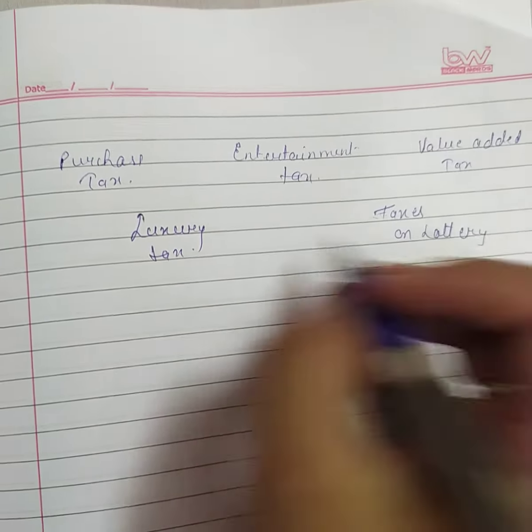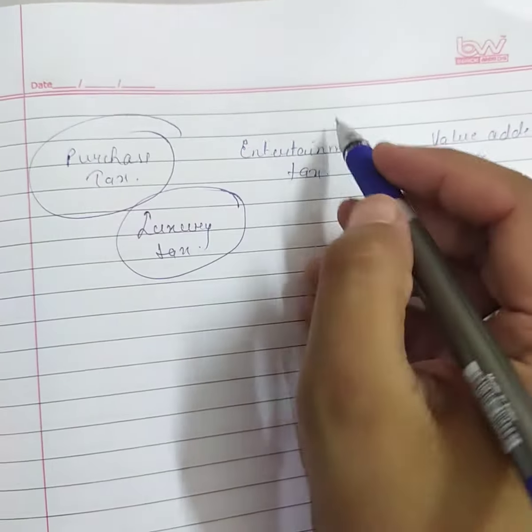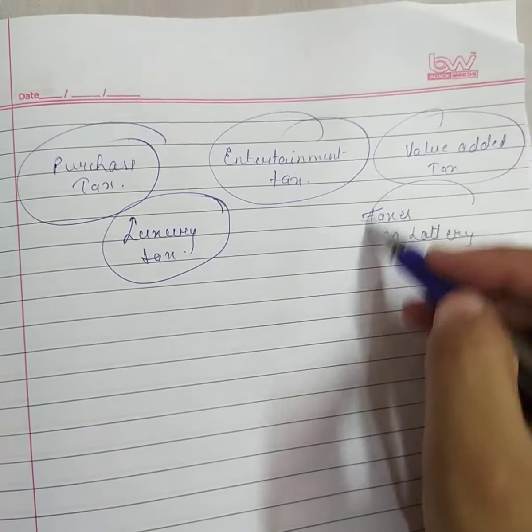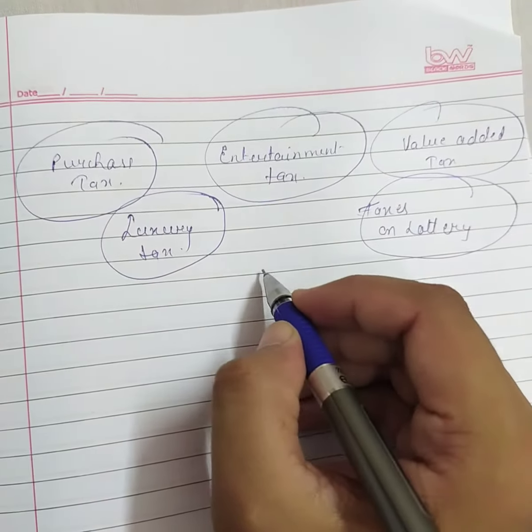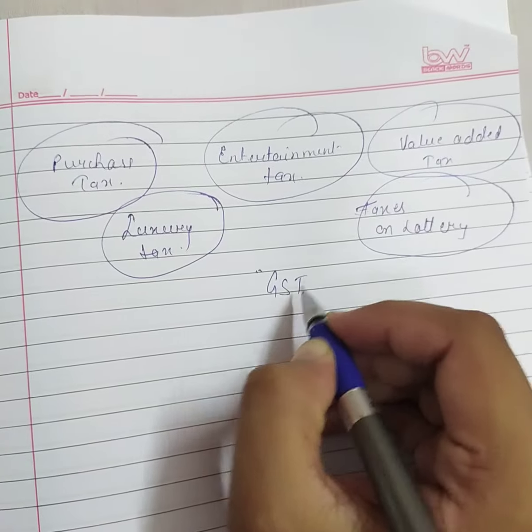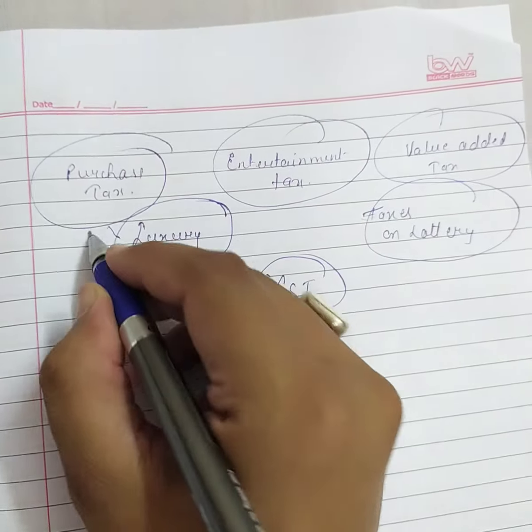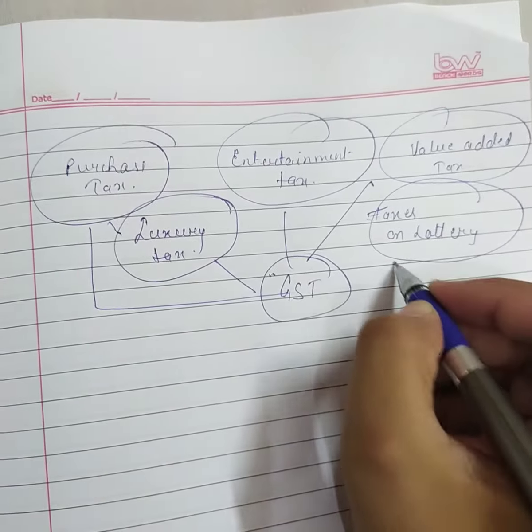So all these taxes were the state government taxes or state taxes that had been levied on the public before GST. Now all these taxes are merged into GST.